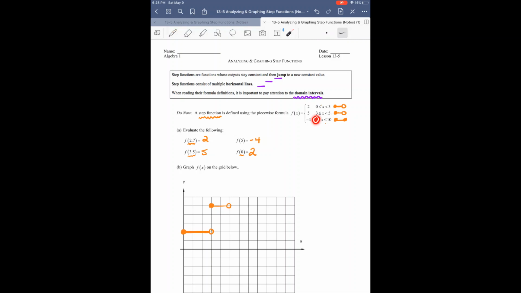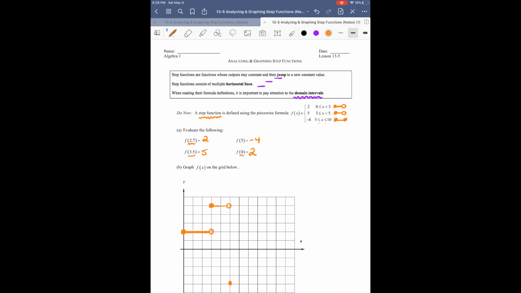When x is 5, the output is negative 4. So I'm going to go to x is 5, and my output will be negative 4. So I'm going to have my closed circle here. Okay, and then it's going to remain negative 4 between 5 and 10.